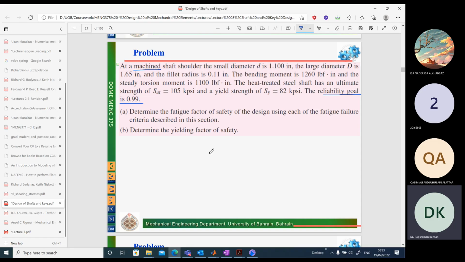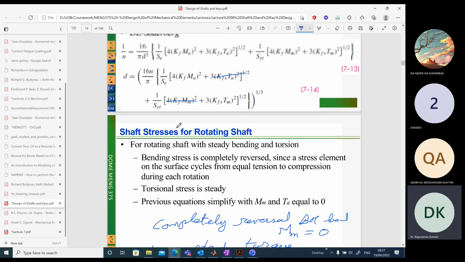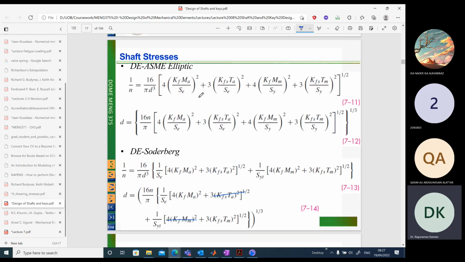To determine each factor of safety, let's go to one of the theories. We can see ASME elliptic, we have this formula. We know that this term will go to 0 because the amplitude of torque is 0, and the mean torque term will also go off because it is completely reversed loading.